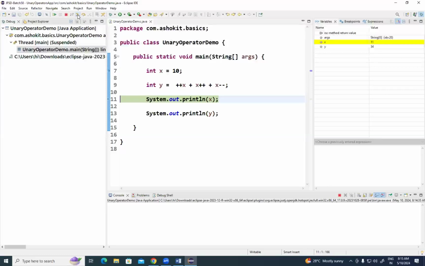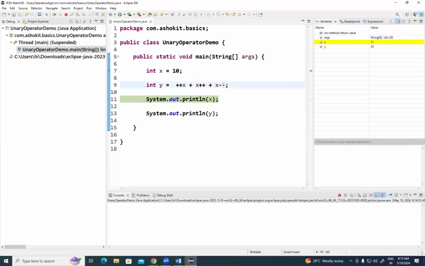Then increment the x value, 11 plus 1, 12. First use the 12. 11 plus 11 is 22 and plus 12 is 34, and then decrement the value by 1. It's not supposed to be 30.